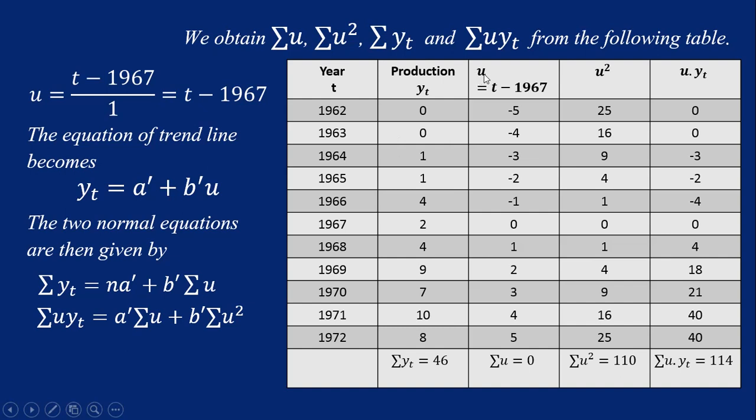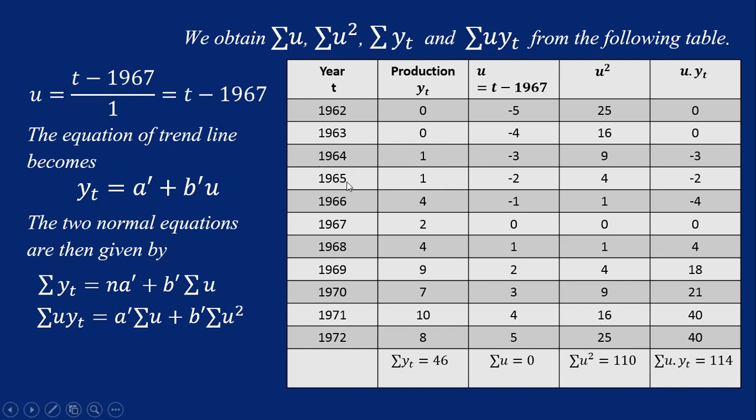Now we have defined the new variable u. u is equal to t minus 1967. Here these are values of t. We only have to subtract 1967 from this. So 1962 minus 1967 we get minus 5. 1963 minus 1967 we get minus 4. 1964 minus 1967 we get minus 3.